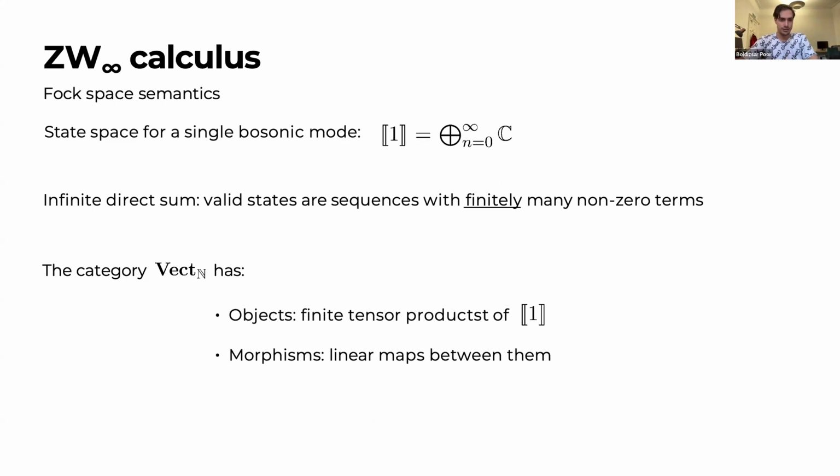In the paper, we use the category Vec10 to reason about these things. Its objects are the finite tensor products of this single bosonic mode, and morphisms are linear maps between them.